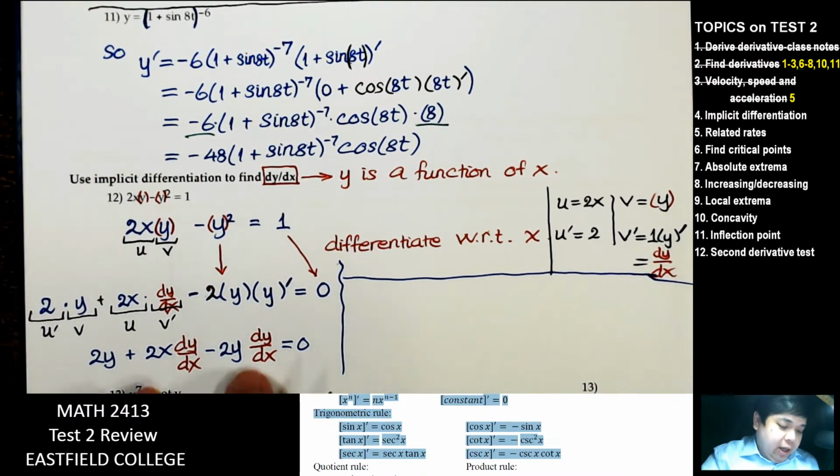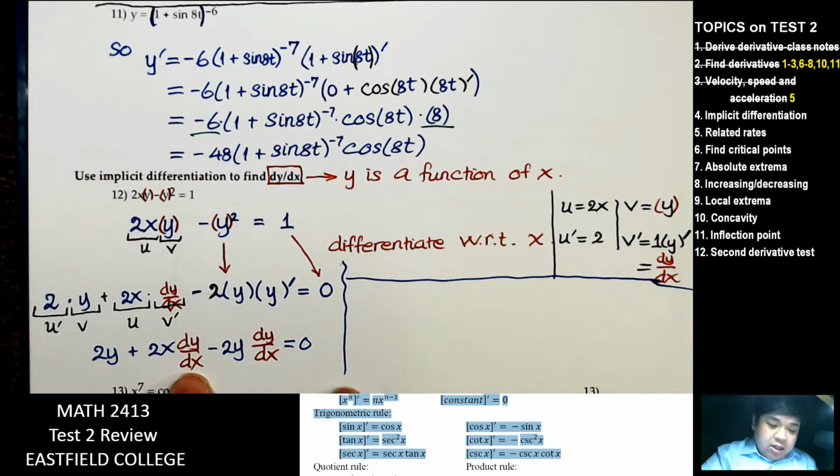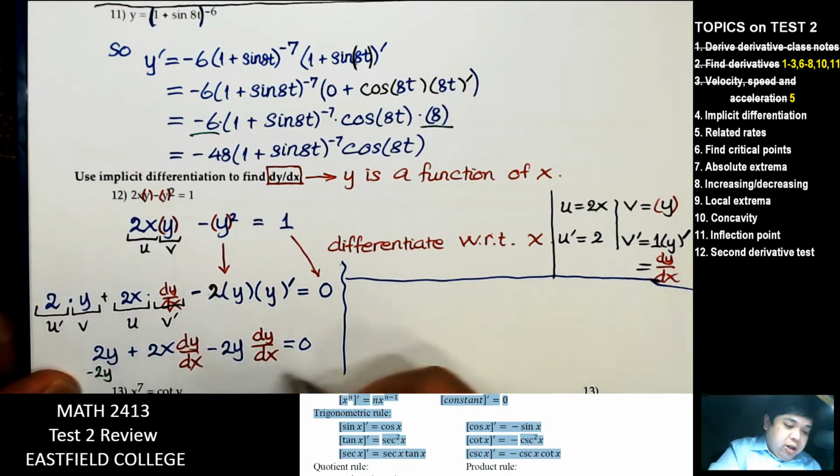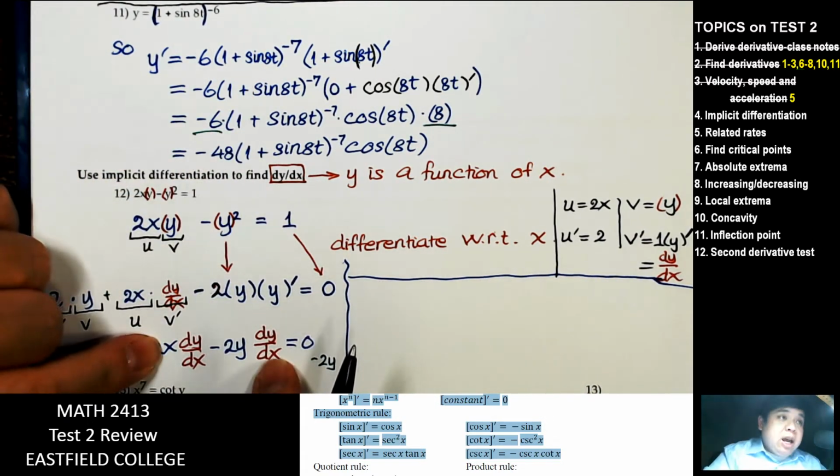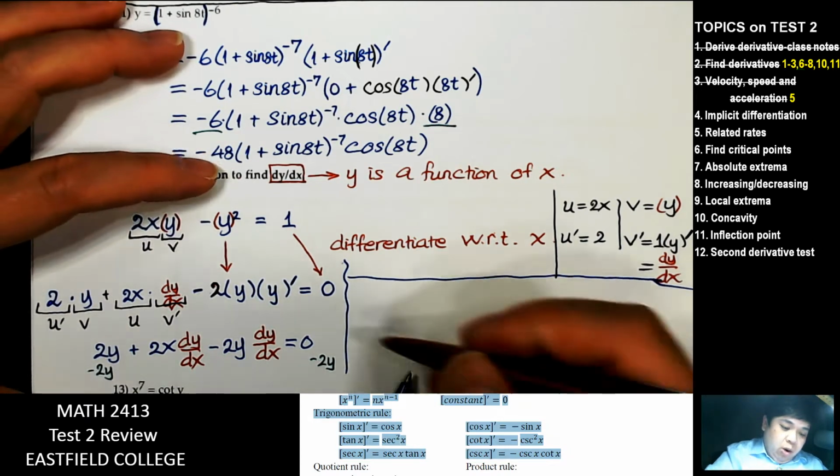Right. Now both of them have dy over dx. This one doesn't. We will move the 2y to the other side, and at the same time factor out the dy over dx.